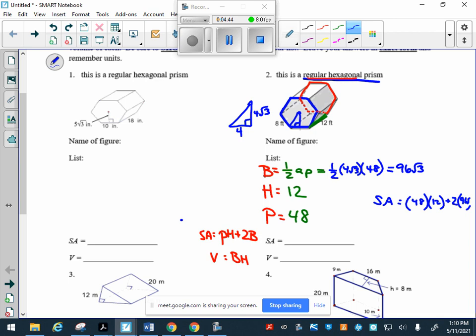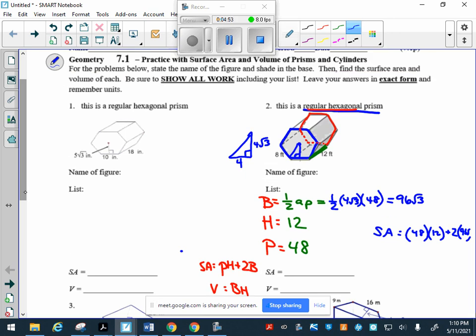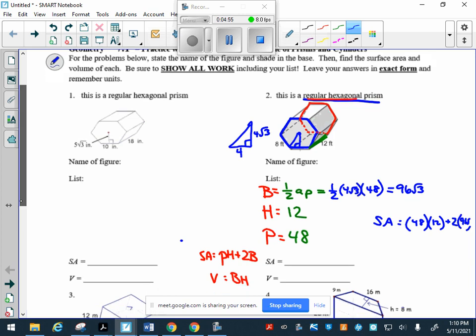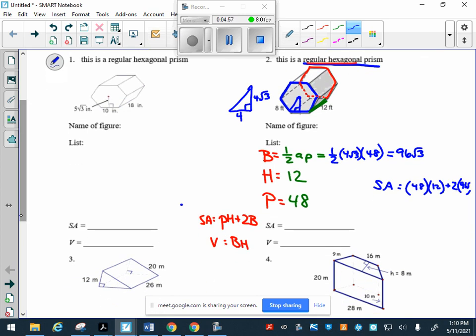Now, be careful here, because if they ask you to leave it in exact form, then you have to leave the radical in your answer. And this one comes out to a whole number with a radical. We actually can't add them together.